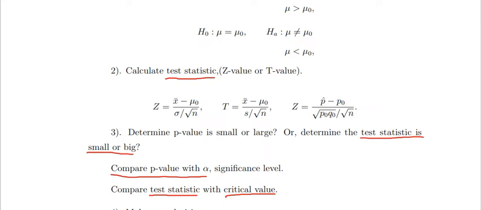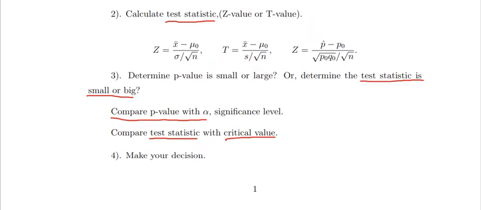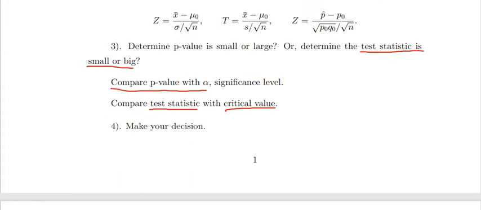So where do those critical values come from? From the z table or t table, right? So your decision is: if we find the test statistic is big, then we say the difference is big, right?